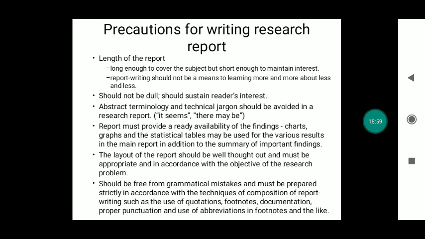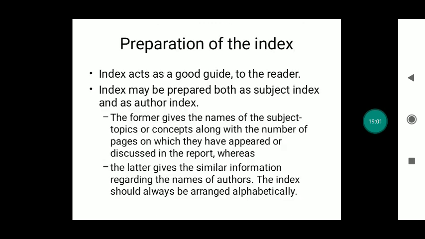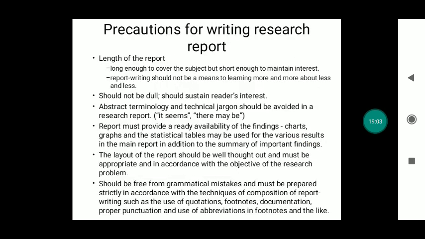And these are the different precautions for writing research report. For example, length of the report should be decided, and abstract how it should be written. Report must provide a ready availability of the findings.